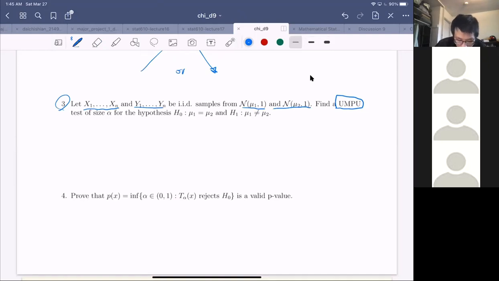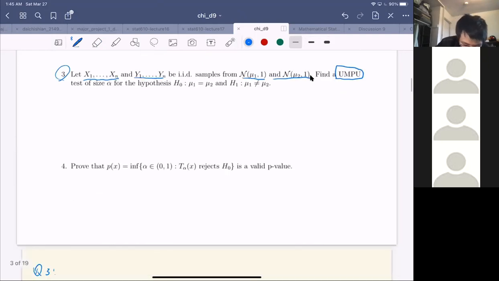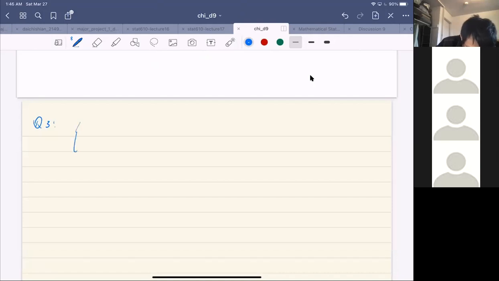Originally we want to test mu1 equal to mu2, and this is equivalent to a test like this.